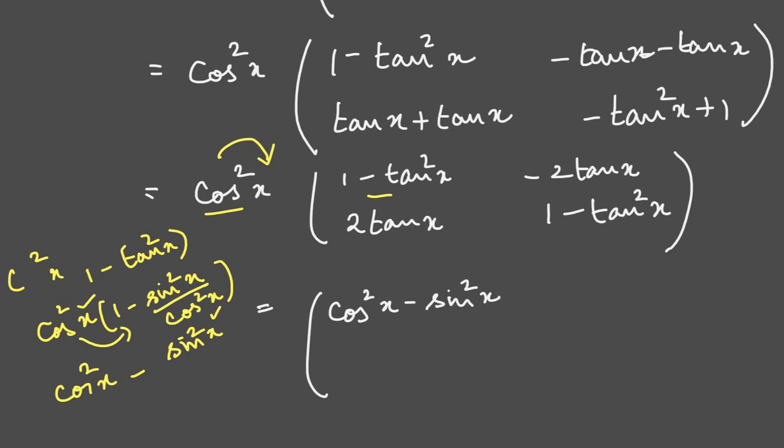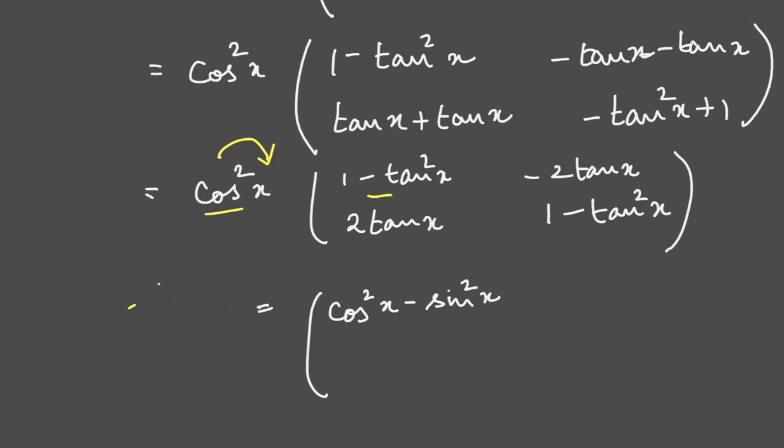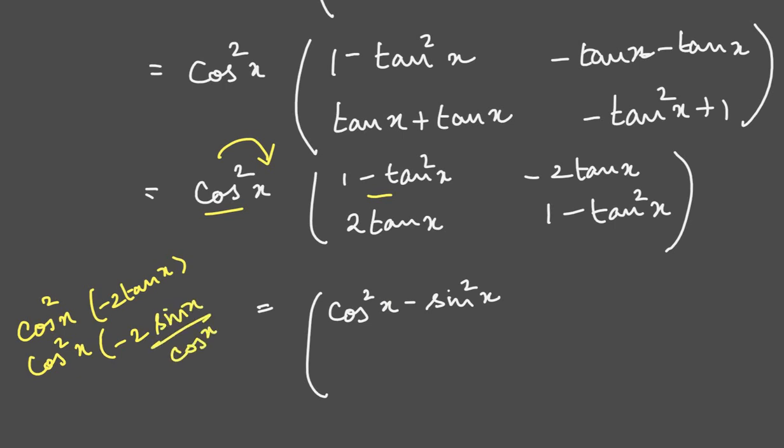Next we multiply cos square x for the next element. Cos square x into minus 2 tan x can be written as cos square x into minus 2 into sin x divided by cos x.